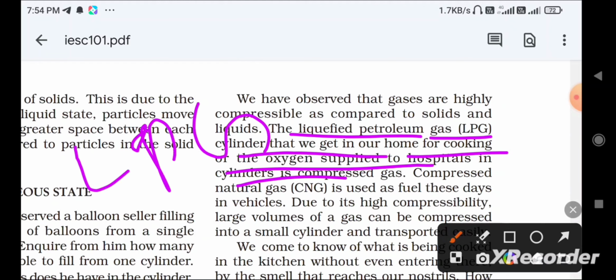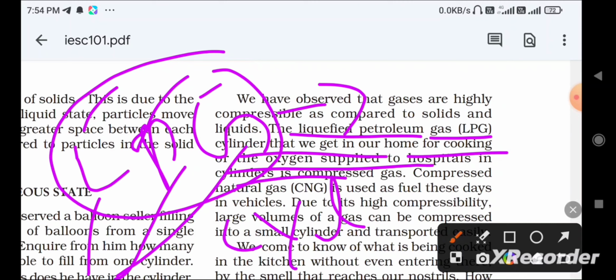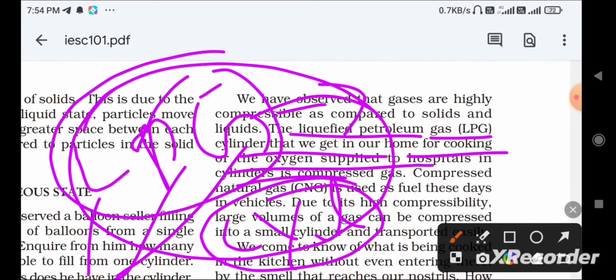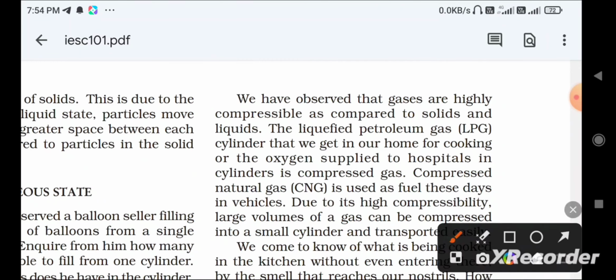That is liquefied petroleum gas, used for cooking purposes. And the hospital's oxygen cylinder is also compressed gas in cylindrical vessels. Oxygen and LPG that we use are also compressed gases.